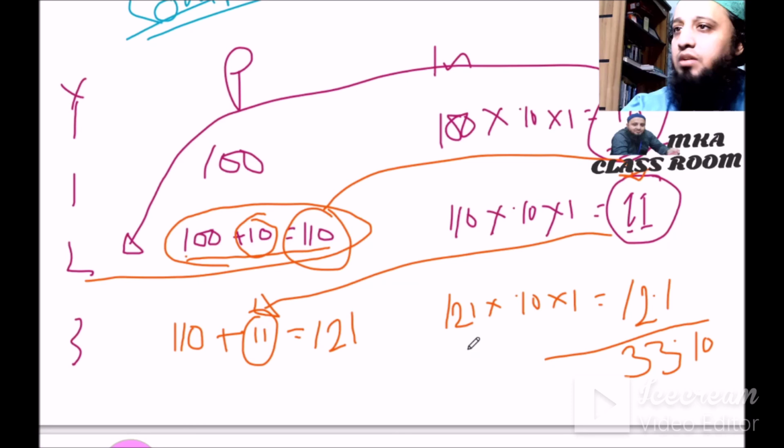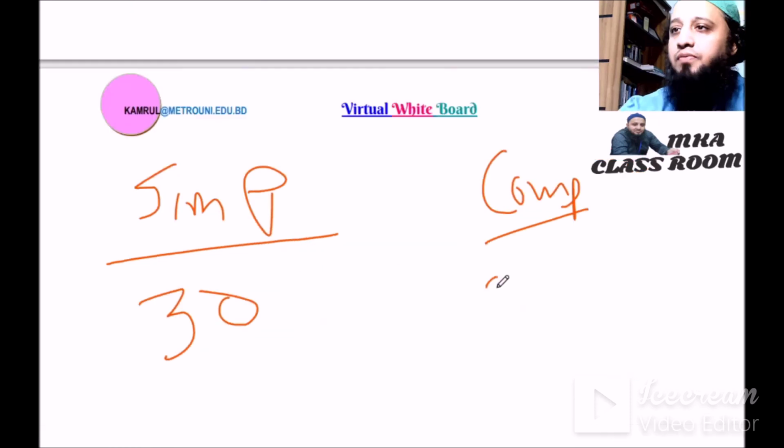So with simple interest we have found 30 taka, and with compound interest we have found 33.10 taka.